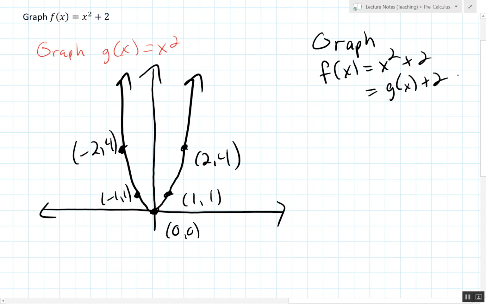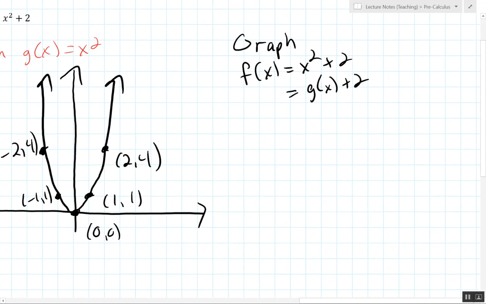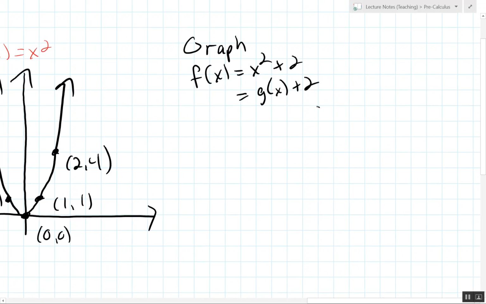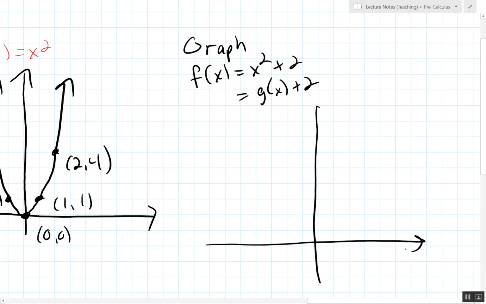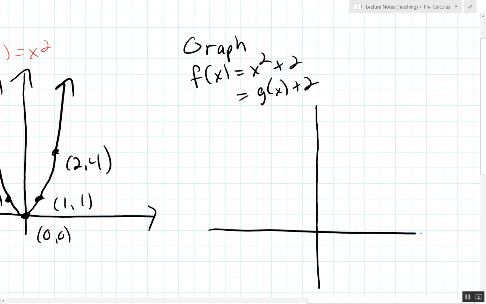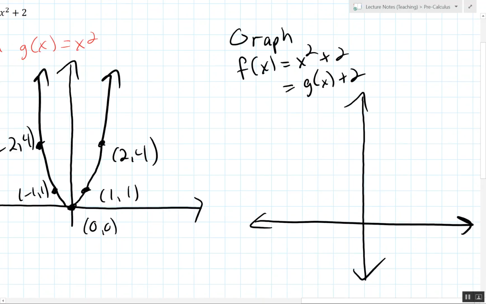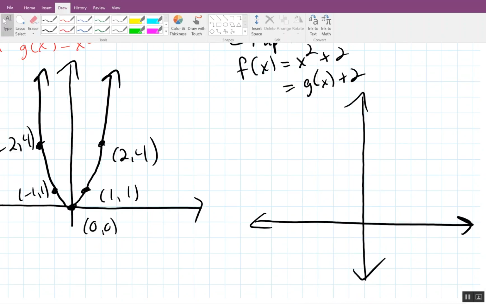Since we know what the graph of g of x looks like, we can just add 2 to all the y coordinates, and this will give us the correct graph. Again, I'm just going to draw primarily in quadrant 1 and quadrant 2. Those are crappy axes, so let's try this again. There we go.